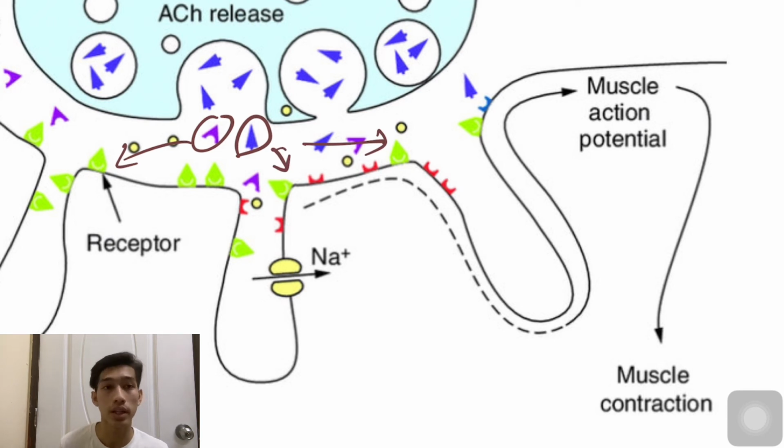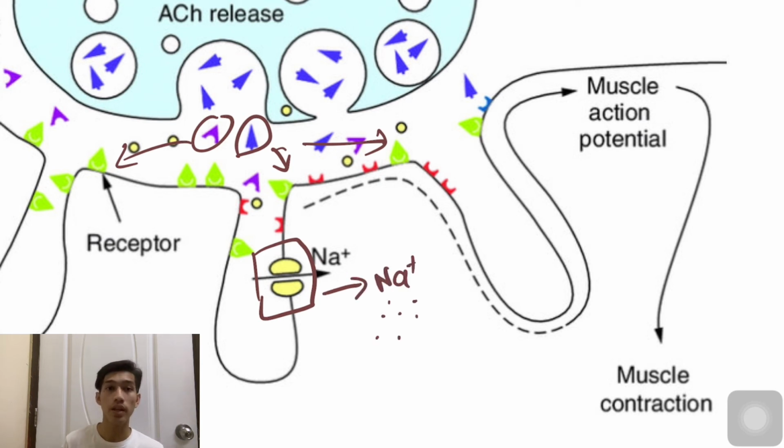The binding will make the ion channels on the membrane of the muscle fiber open, allowing sodium ions to diffuse inside the muscle fiber, and the influx of sodium ions, which are positive charges, will depolarize the membrane of the muscle fiber. Once the depolarization reaches a threshold, the action potential is generated, which will travel along the T-tubule to the sarcoplasmic reticulum, and finally the action potential will cause the muscle contraction.